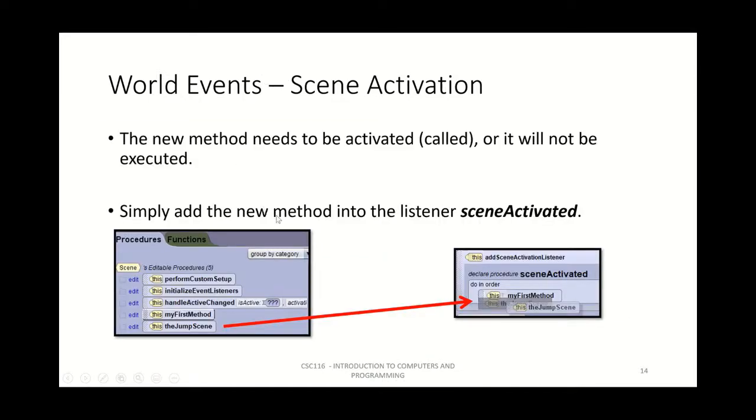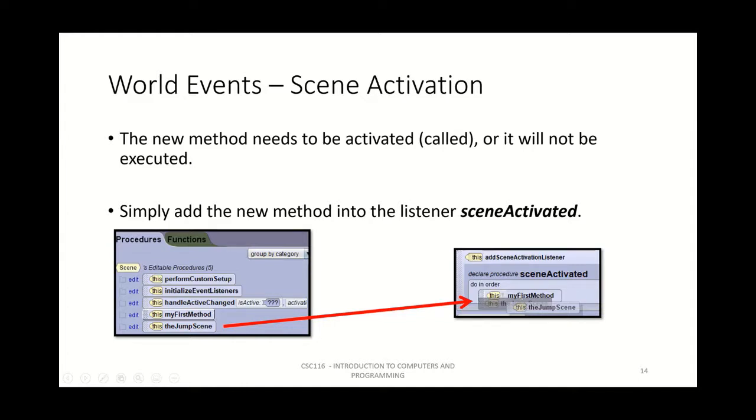The new method that you have created needs to be activated or called, or it will not be executed. So you need to add the new method into the listener scene activated. Here you must drag your new method to the scene activated. By default, scene activated will just run my first method.